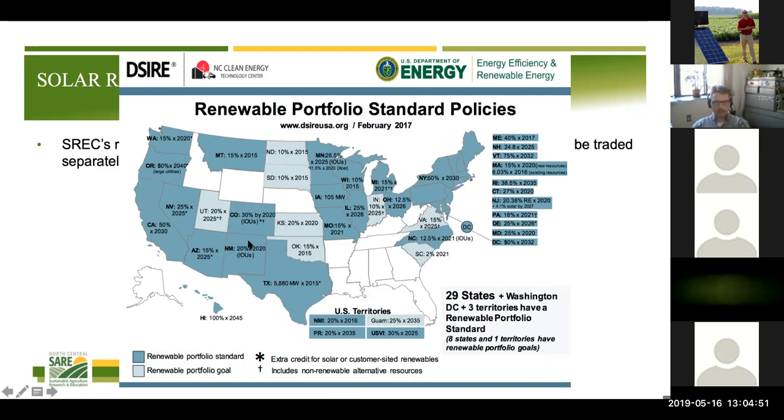I always like to point out, and this is a little bit off topic, that in addition to the energy mix being driven by policy, there are also examples where energy mixes are clearly driven by resource availability. I like to point out to John and his friends out here in the Wind Belt that there are no state level RPS standards in Idaho, Wyoming and Nebraska.